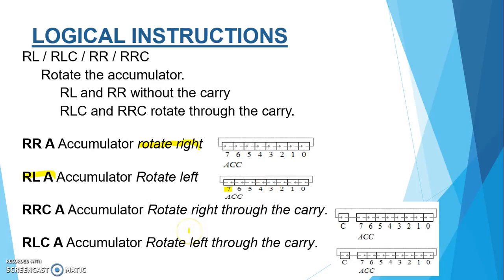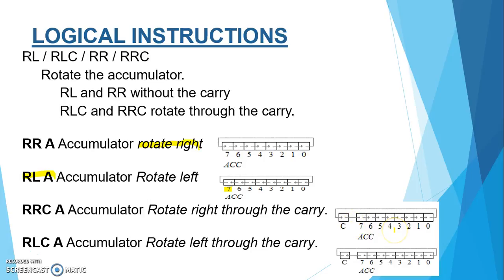Now if I talk about rotating the accumulator towards right or left through carry, try to see the difference. In the earlier two formats, the carry flag was not coming into consideration. Now here, when I do rotate towards right through carry, the D0 bit is getting shifted to carry and the carry flag status is getting shifted to D7. Earlier, the D0 bit was getting shifted to D7 directly because it was rotated towards right without carry.